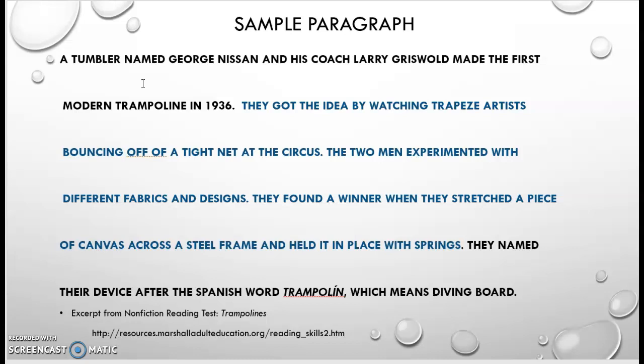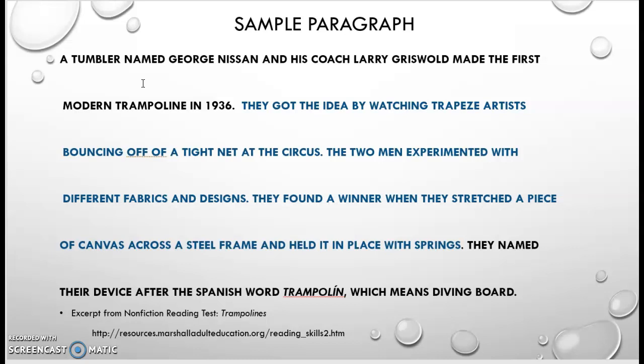So now we're going to have 3 sentences that are supporting details telling us the how, the why, and the what. They got the idea by watching trapeze artists bounce off a tight net at the circus. The 2 men experimented with different fabrics and designs. They found a winner when they stretched a piece of canvas across a steel frame and held it in place with springs.